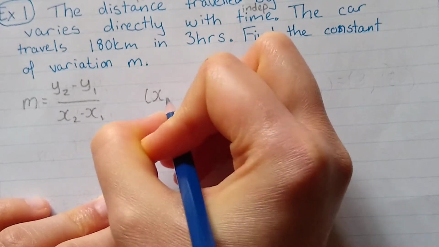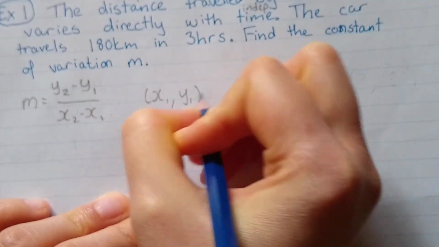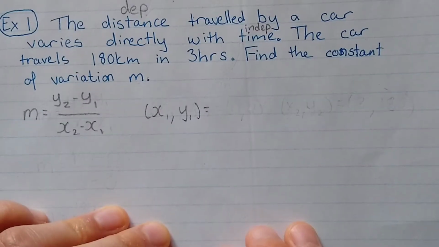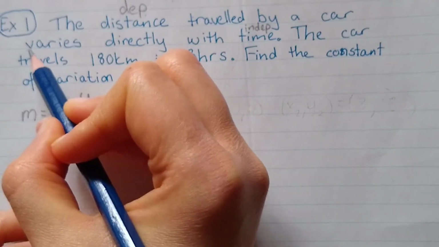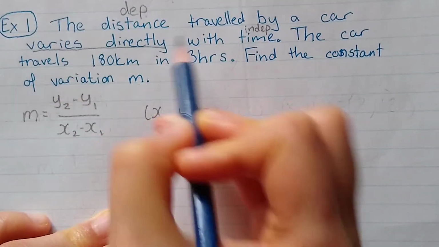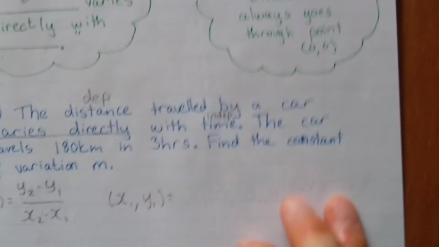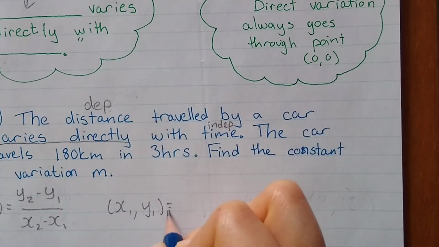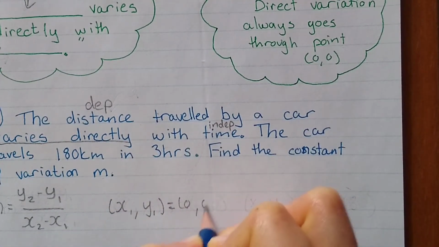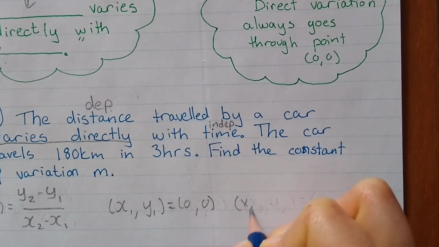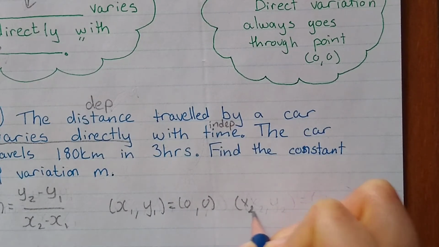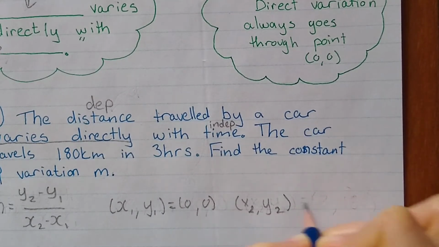So x1, y1, because this is direct variation, we can just use 0, 0. So x1, y1 will just be 0, 0. And then x2, y2 we're going to get from the question.